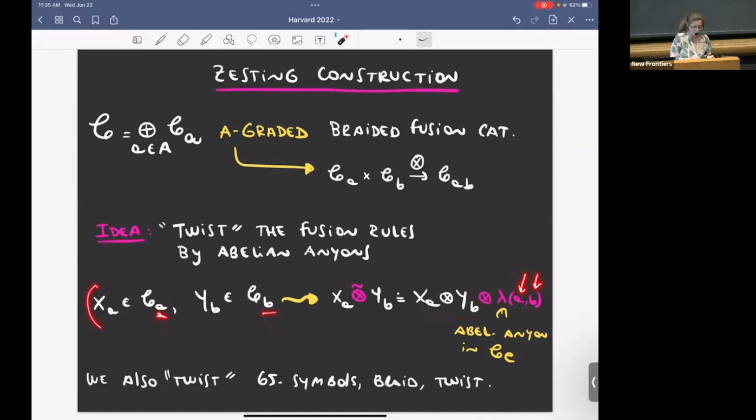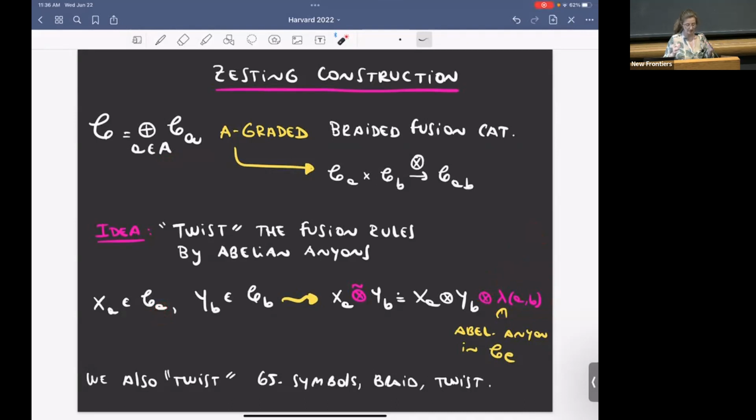It doesn't depend on the object specifically, but just on the labels. This is an invertible object, and we also ask that this object is in the trivial component of this grading, meaning that it's in the component labeled by the neutral element in my group. We also ask for some normalization: if I plug something in the trivial component, this will be a unit.